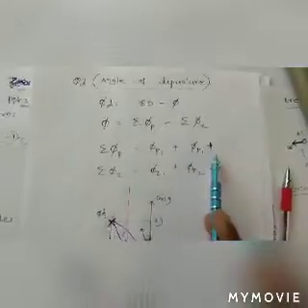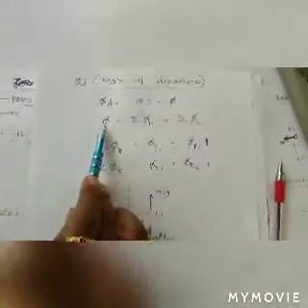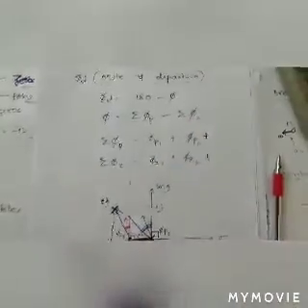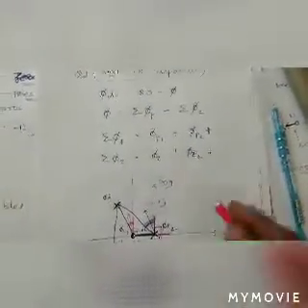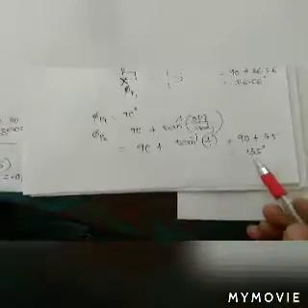Now put it in the formula. Add all phi p1, phi p2, similarly phi z1, phi z2, we'll get phi, 180 minus phi. See, I'll calculate it here. Phi p1, phi p2, 90 plus 135.